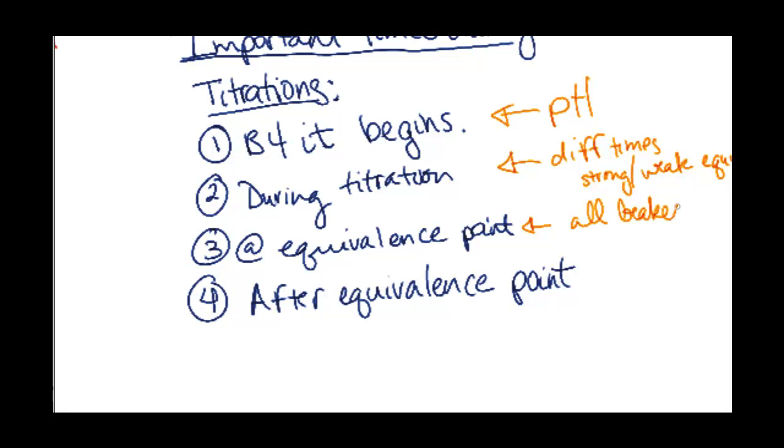So now we're left with the conjugate. And that will make sense here in a little bit. Just kind of try to see the big picture. And if we started with Ka's and the acid in the beaker, after the equivalence point it would be Kb's because it's the conjugate, and vice versa.